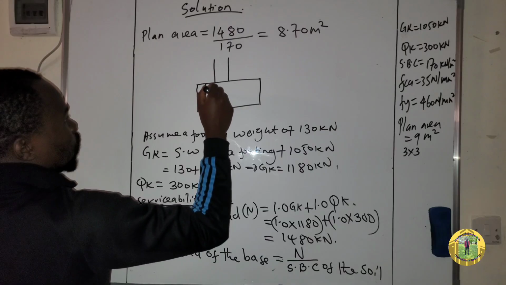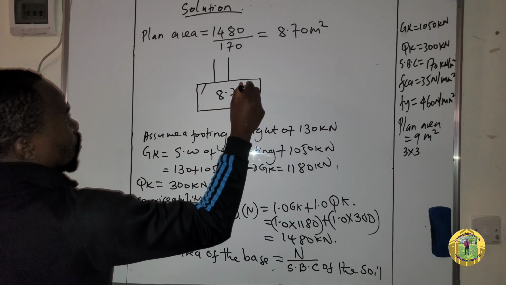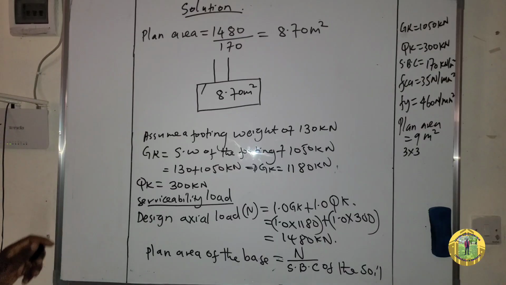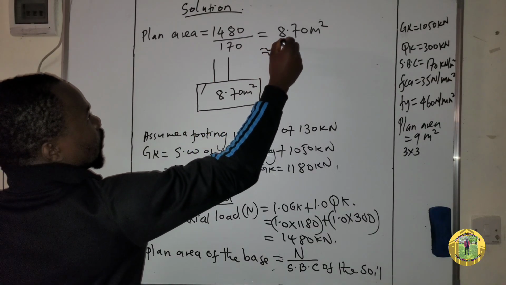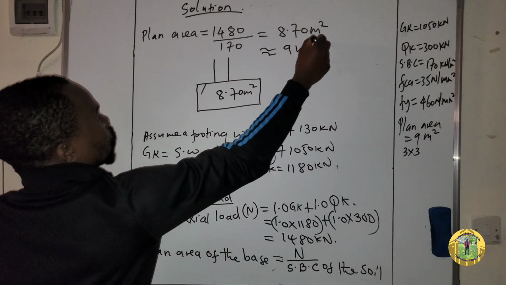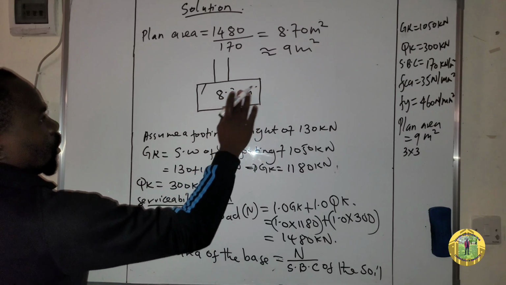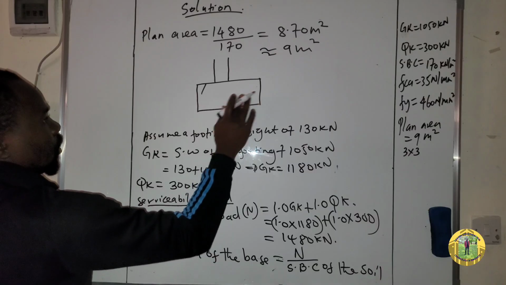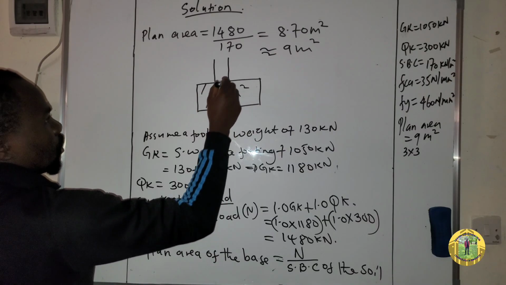So this is the area of the base, 8.70 meter square. So we can make it 9. So let's make it 9 meter square so that it can be a perfect square. So 9 meter square.